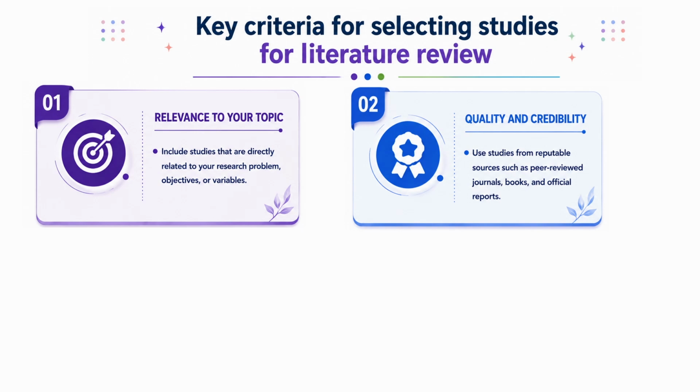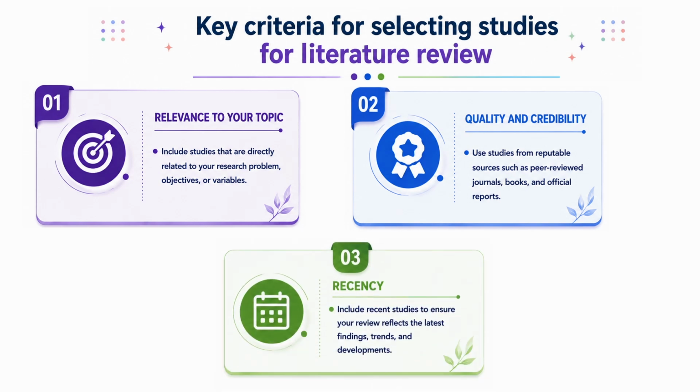It should be from peer-reviewed journals, books, or official websites and reports. Then comes recency. You download the articles which are recent, to ensure that your review reflects the latest findings, trends, and developments.